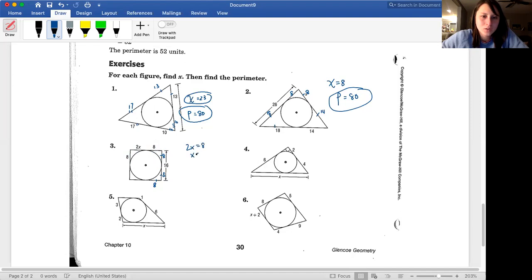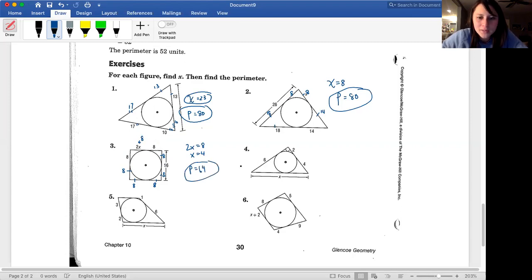And so then x equals 4. So this is 8 again. So 16 on all the sides. 16 times 4 is 64. So the perimeter is 64.